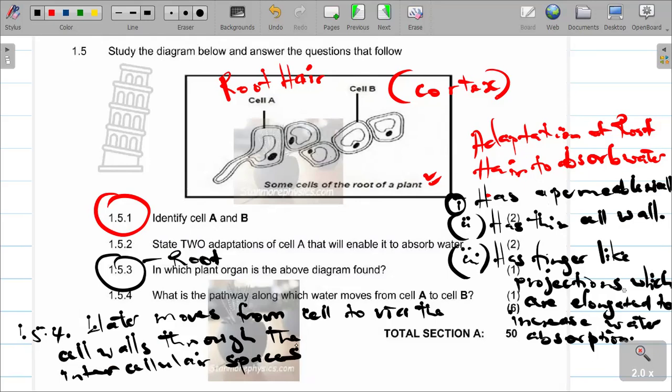So now, water moves from cell to cell via the cell walls, which of course can also be through the intercellular air spaces, which of course is promoted by diffusion, by the process of osmosis.